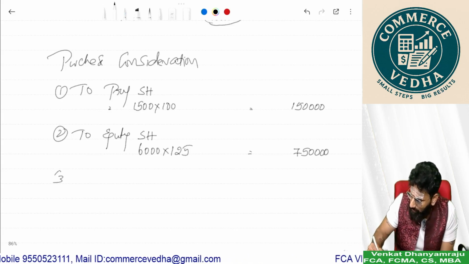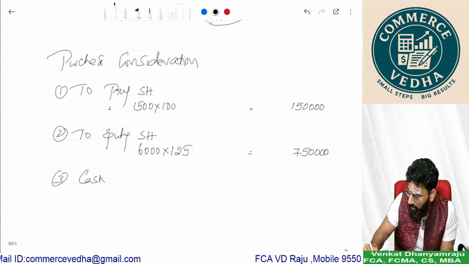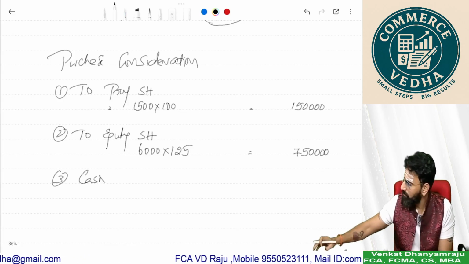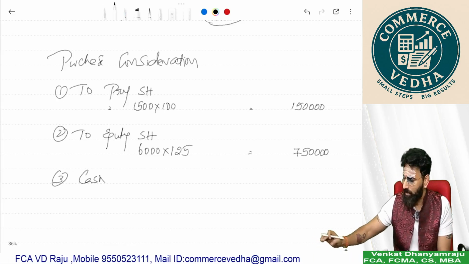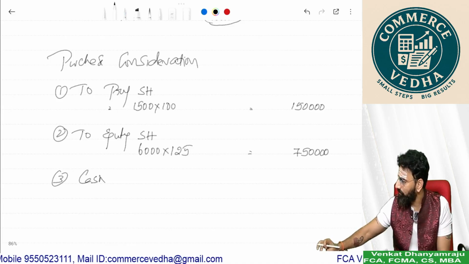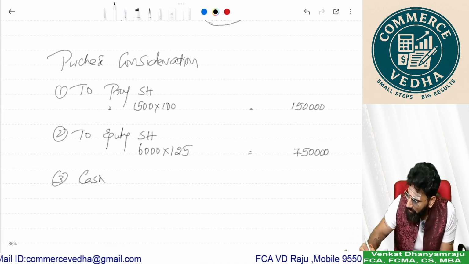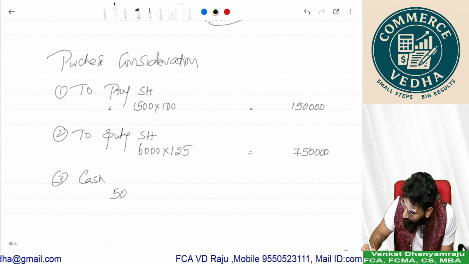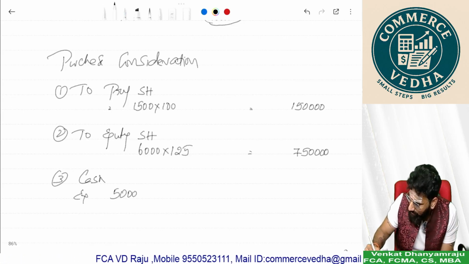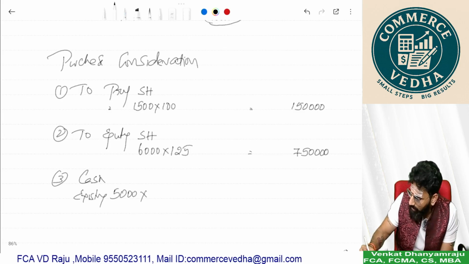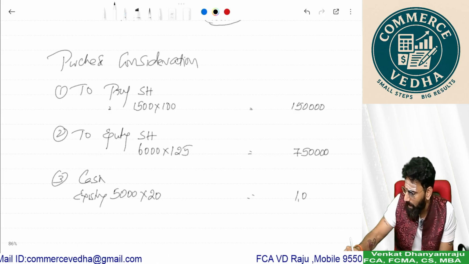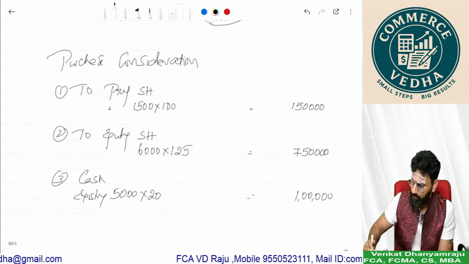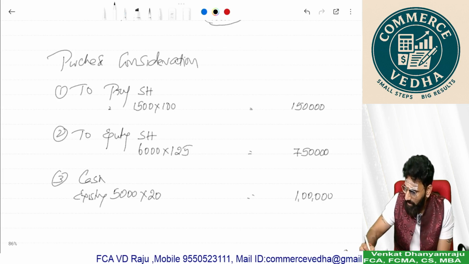And cash: 5,000 existing equity shares into 20 rupees per share is 1 lakh. So this cash is to equity.